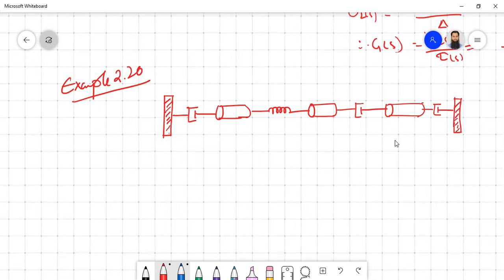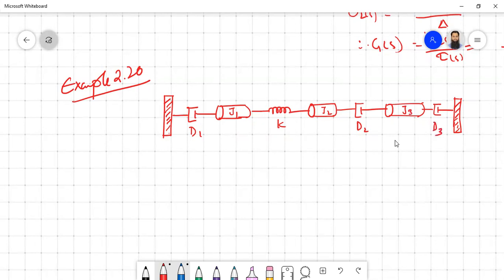So basically, this is your J1, this is D1, then K, J2, then you have D2, then J3, then you have D3.